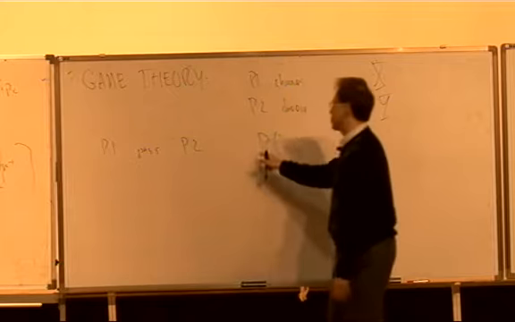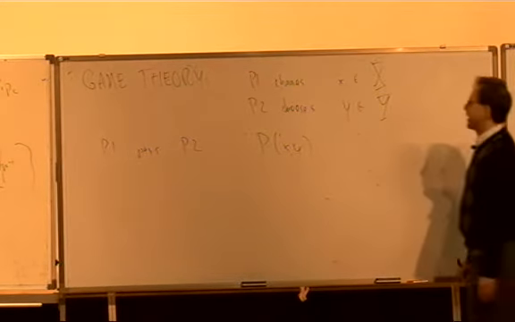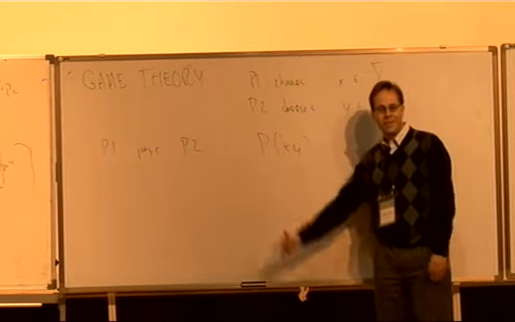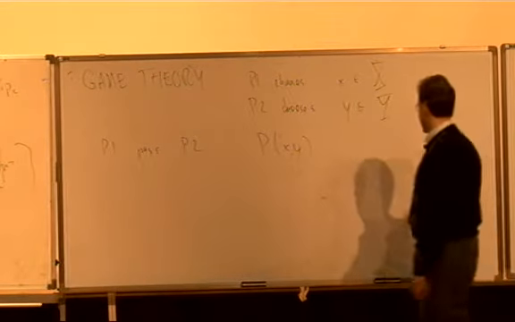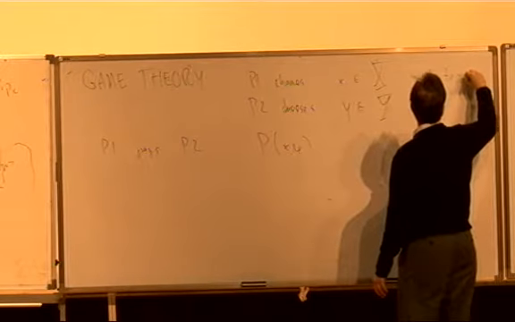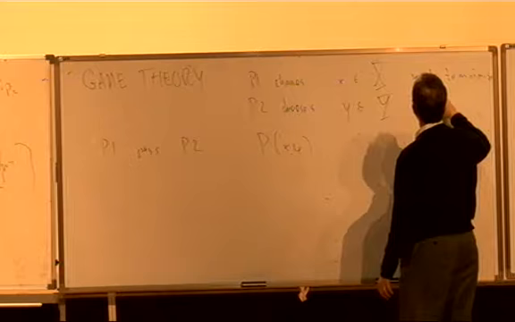So there's a payoff function, capital P. It's known to both players in advance, and player one would like to minimize the payoff and pay as little as possible, and player two would like to maximize it. So P1 wants to minimize, and P2 wants to maximize.